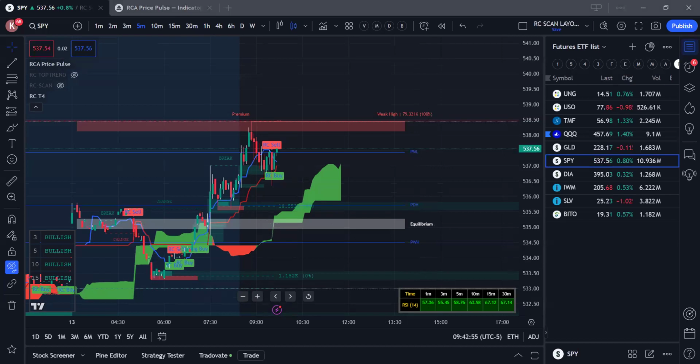You can get SPY 537 calls for today. Get SPY 537 calls, around 1.7.